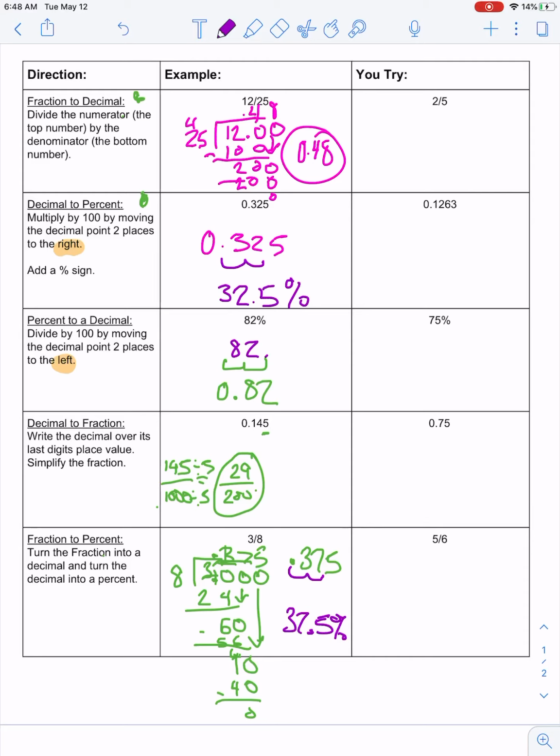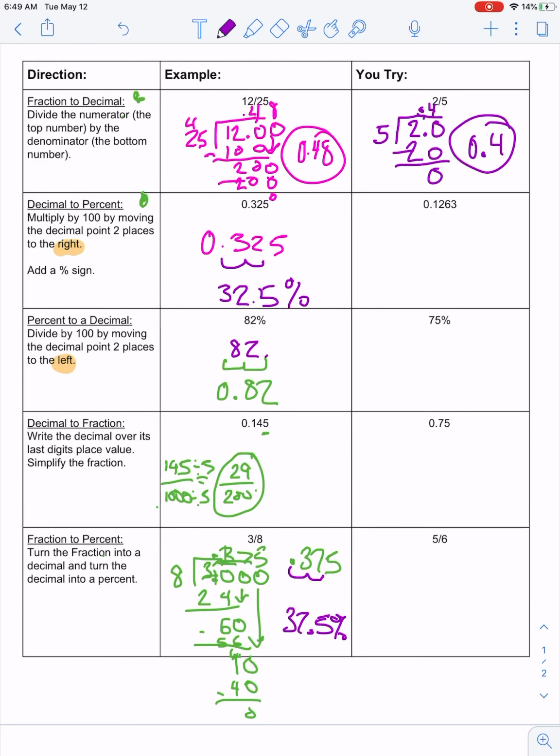So remember, you're going to take 2 divided by 5. We annex our decimal and a 0. Move our decimal up into our answer. How many times does 5 go into 20? It goes in there 4 times. So we end up with 0.4 as our decimal.